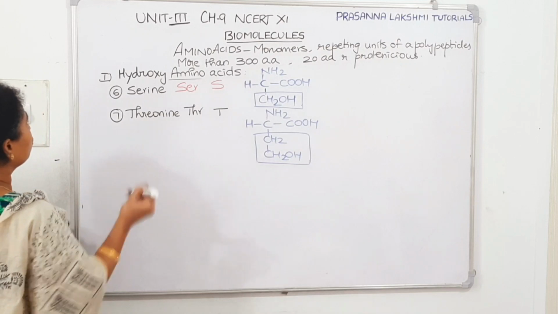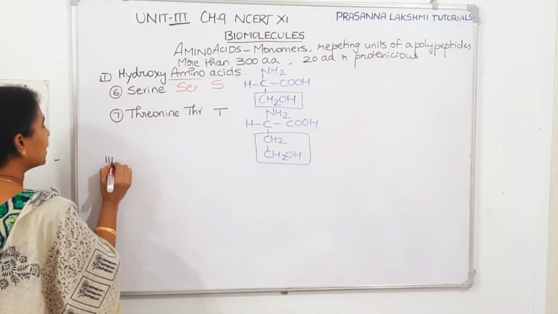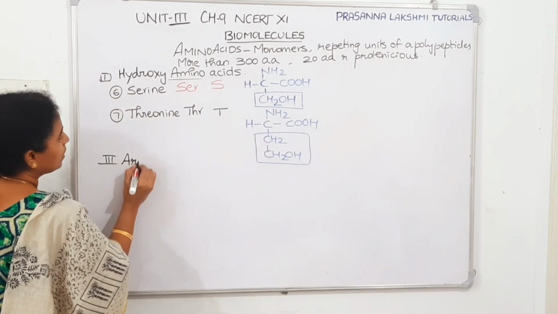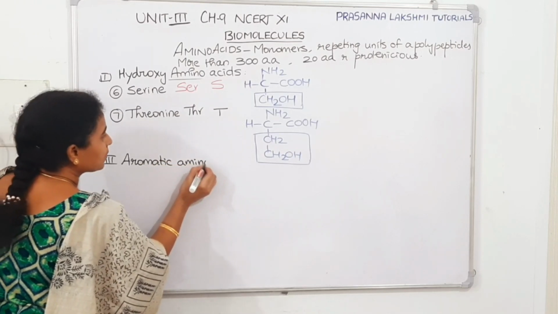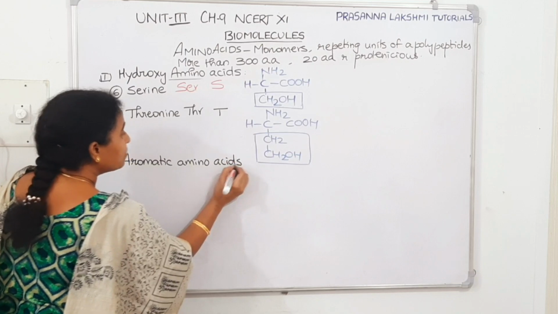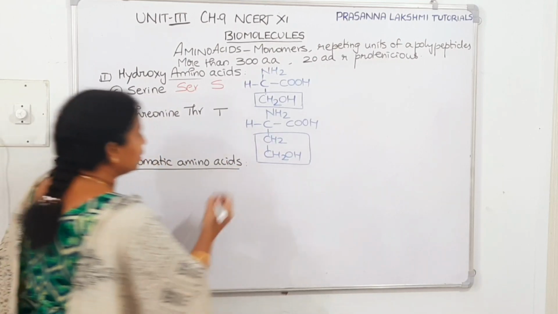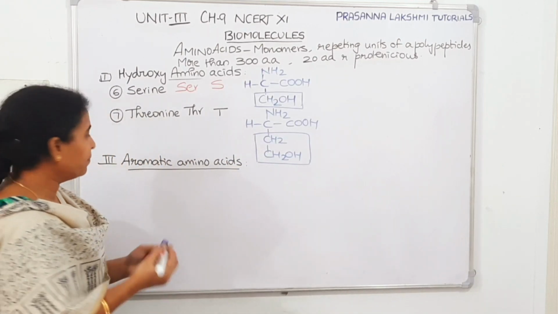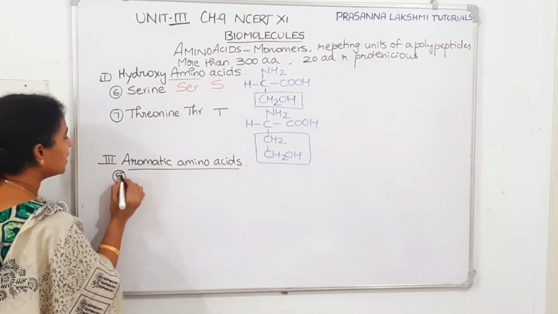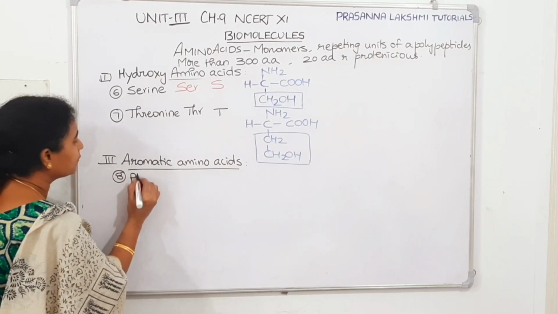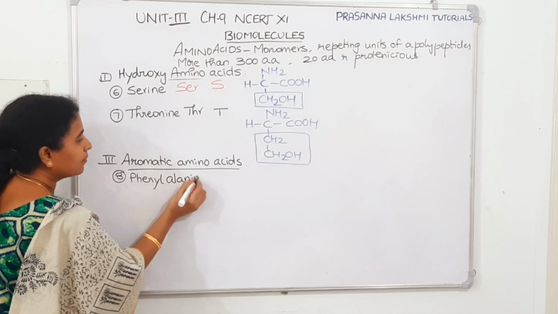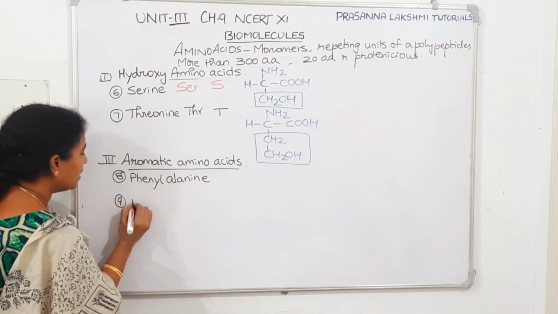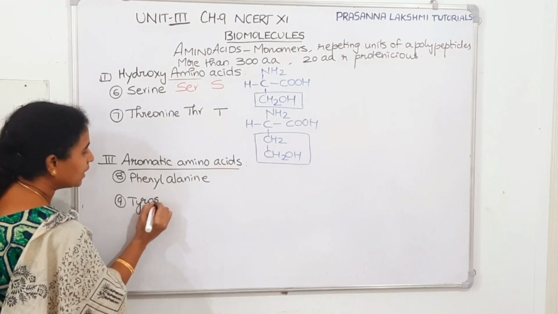Now let's go to the third category. The third category is aromatic amino acids. Aromatic amino acids means, given in NCERT, they told they contain aromatic rings in them. So then let's go with 8, 9, 10. 3 aromatic amino acids are there. The first one is phenylalanine. The next one will be tyrosine.